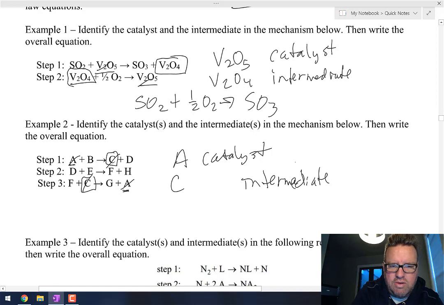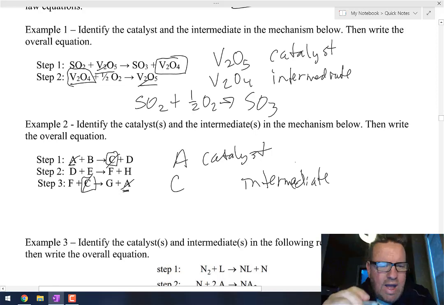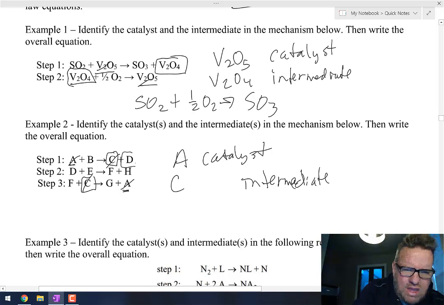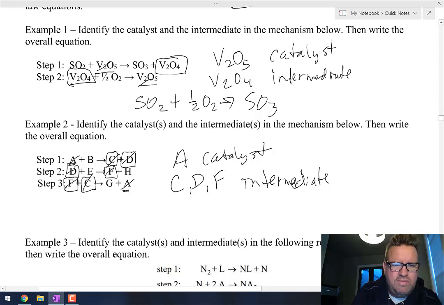C is an intermediate. D we made and then used again, so D is also an intermediate. And then F was made and used again, so F is also an intermediate.